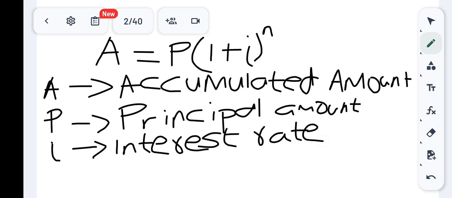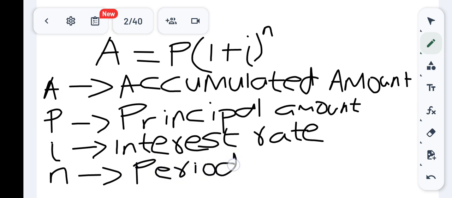We just said interest rate is the same as interest, but the difference is that interest rate is the percentage. And then n is the period. So this is the formula that we are going to use when we calculate compound interest.